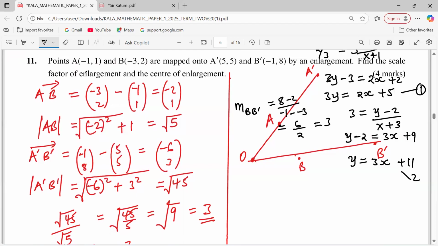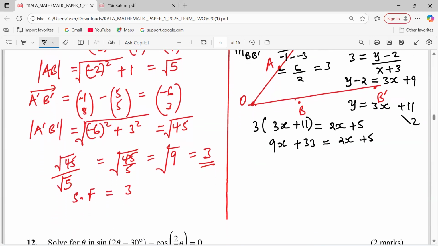Now we just need to know where these two are meeting. Remember in equation 2, y has already been expressed. So we can rewrite equation 1, 3 and instead of y, 3x plus 11, solving simultaneously using the substitution method: 2x plus 5. This is 9x, this is 33, this is 2x, this is 5. So we can have now 7x equals -28, so that the value of x becomes -4.